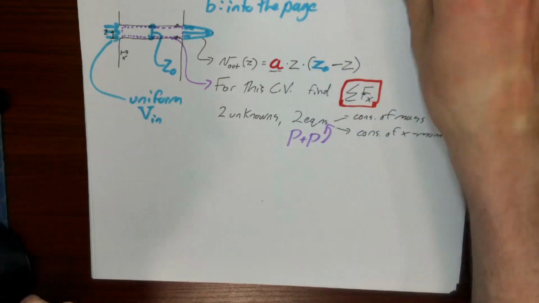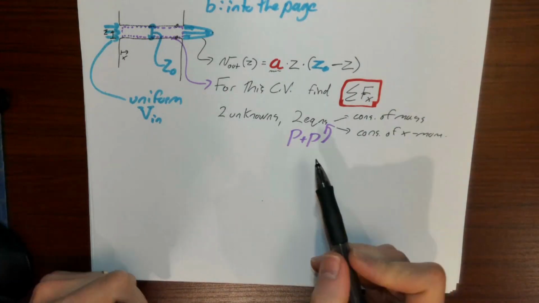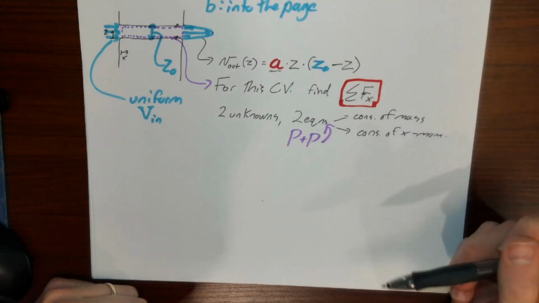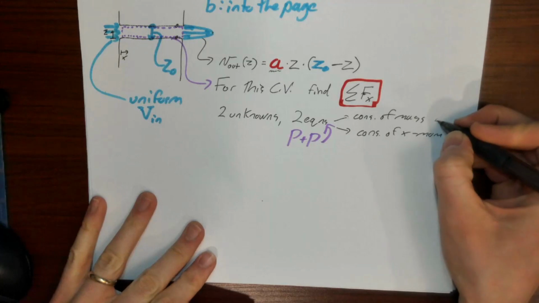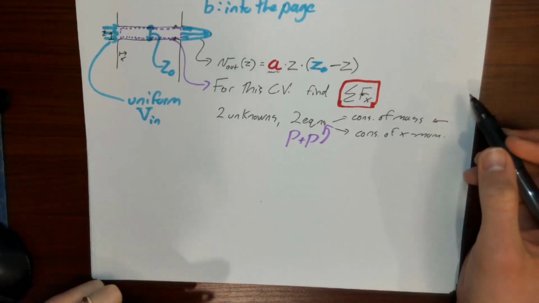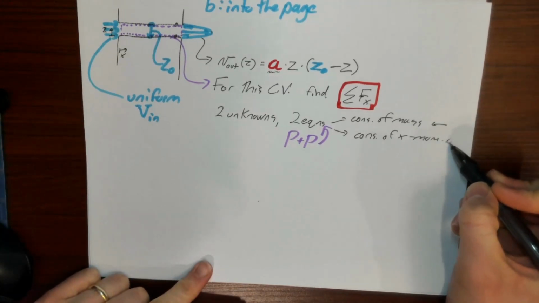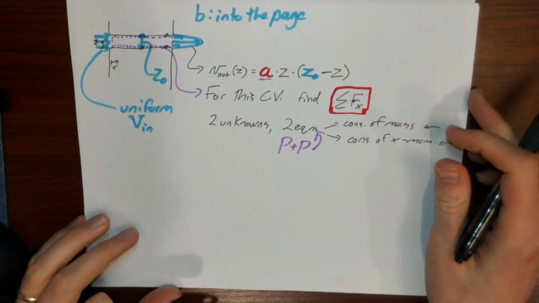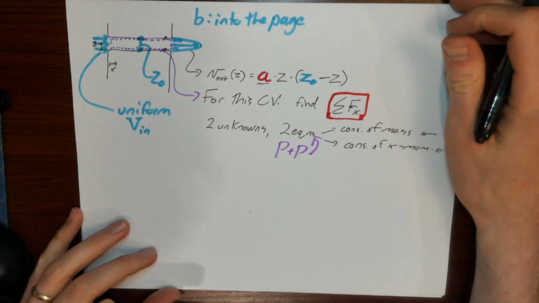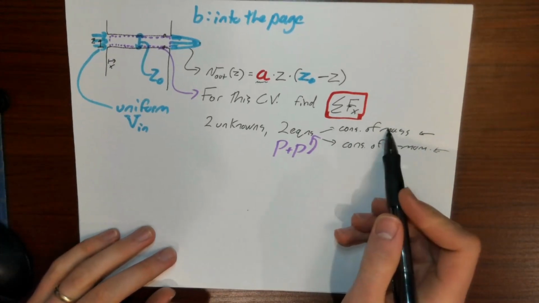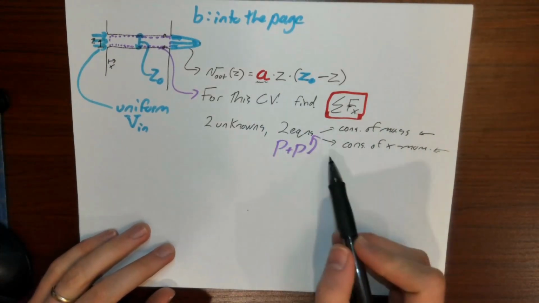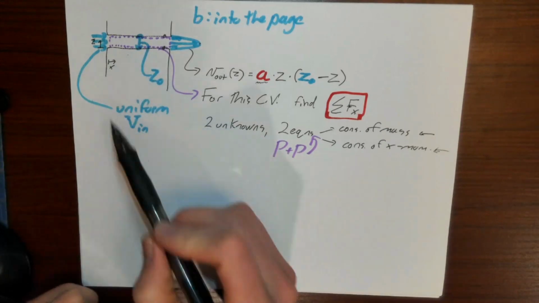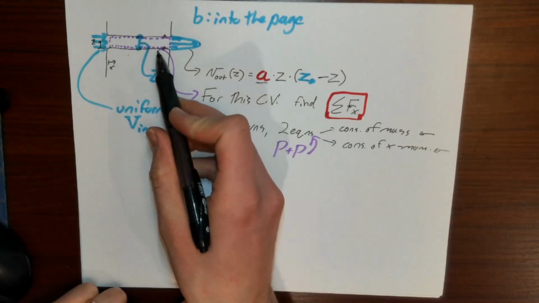So let's proceed. Oftentimes in problems like this, it's usually easier to start with conservation of mass and then work towards conservation of momentum. Good rule of thumb: conservation of mass is a pretty good place to start. We've already defined our control volume.